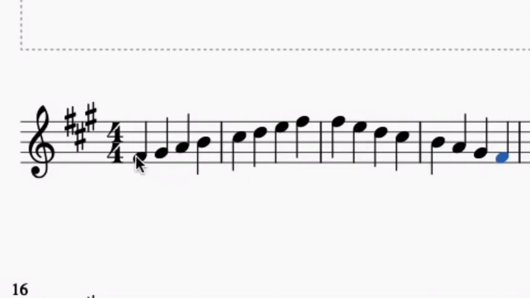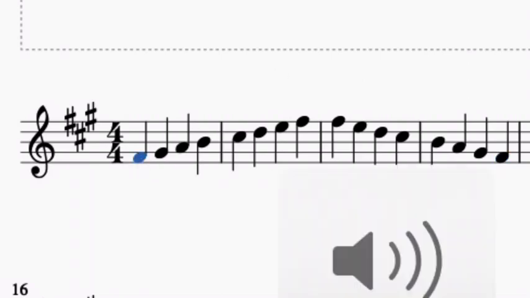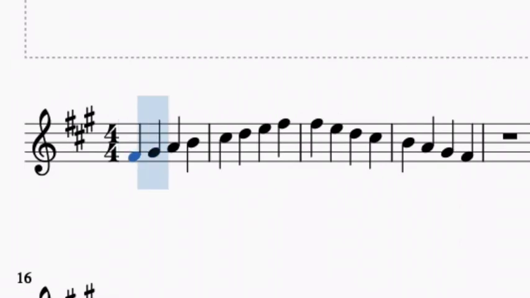Okay, that's the F sharp natural minor. Let's listen to it. And to make it a harmonic minor, we just have to raise the 7th a half step. 1, 2, 3, 4, 5, 6, 7.